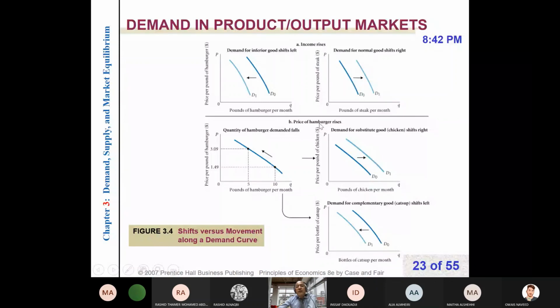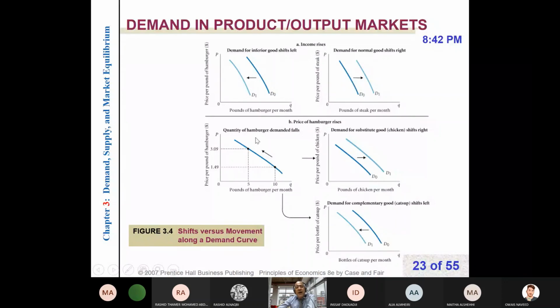So if the price of meat hamburger increases, what will be the effect on demand for substitute goods such as chicken? If the price of meat increases, I will buy less hamburger, but more chicken. So demand for chicken will increase because it looks cheaper.